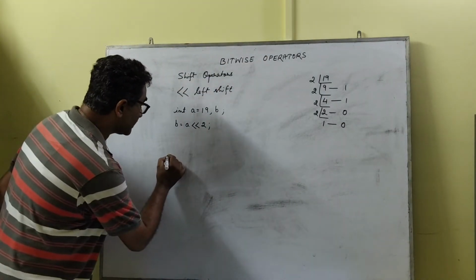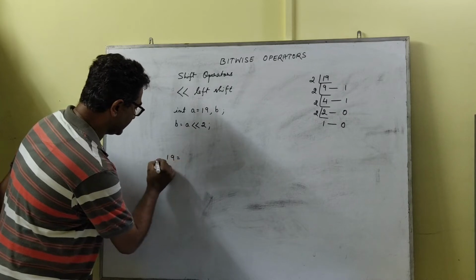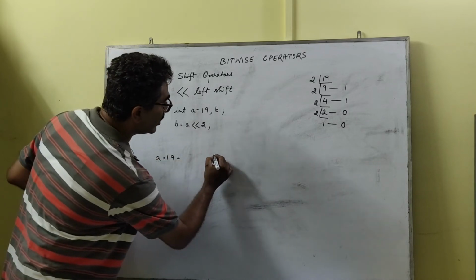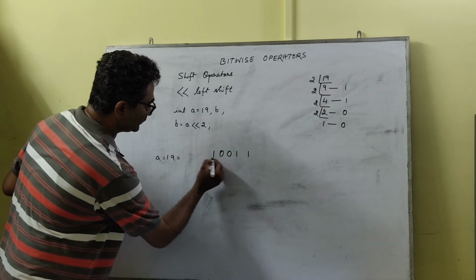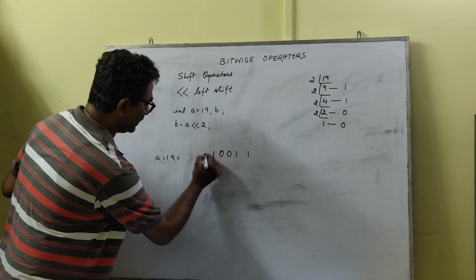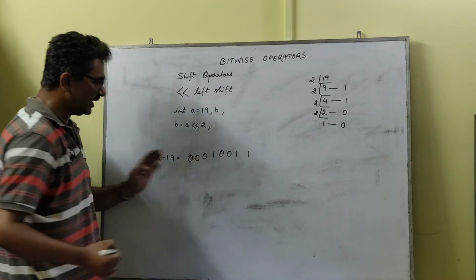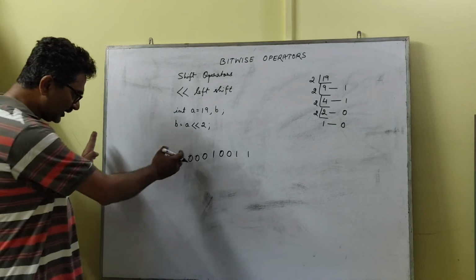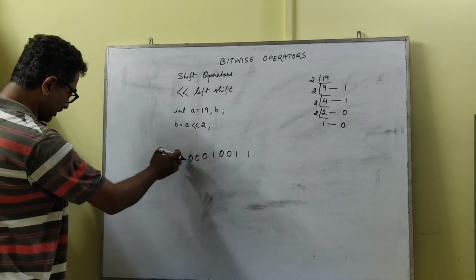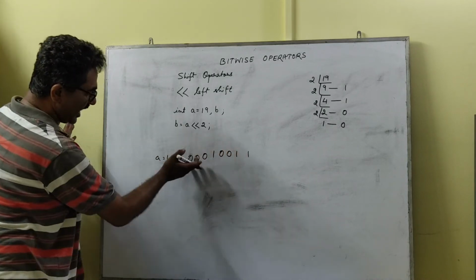So the binary representation of 19, which is A, happens to be 1, 0, 0, 1, 1. So for simplicity, 8 bits I have taken. Now remember, all the 32 bits, the remaining 28 bits, I have written only the last 8 bits.